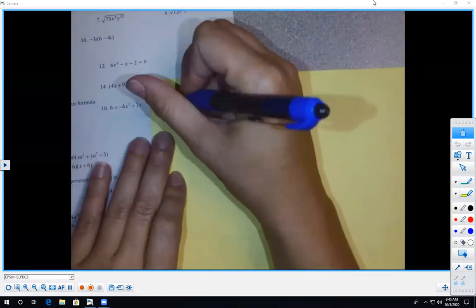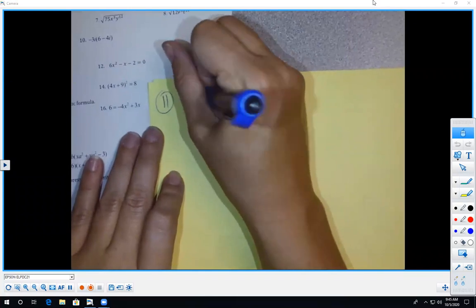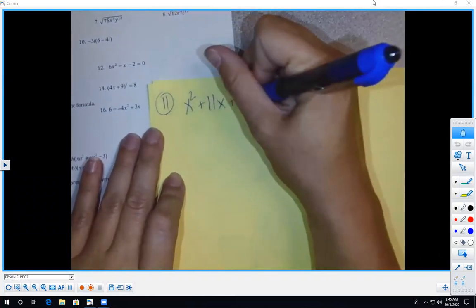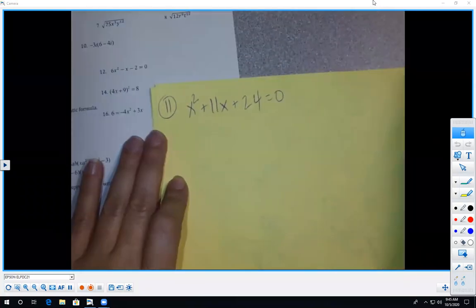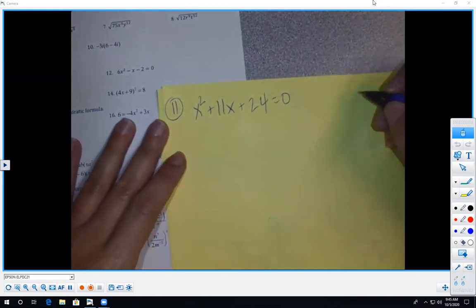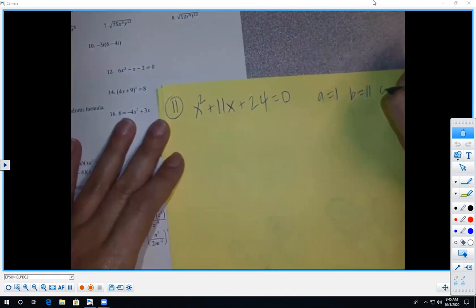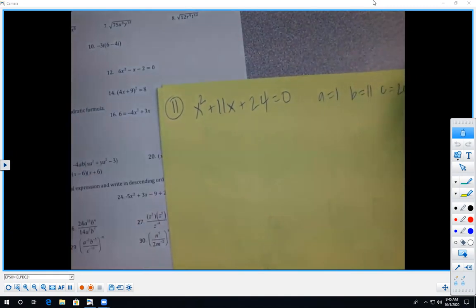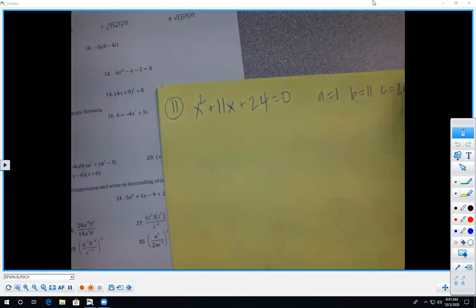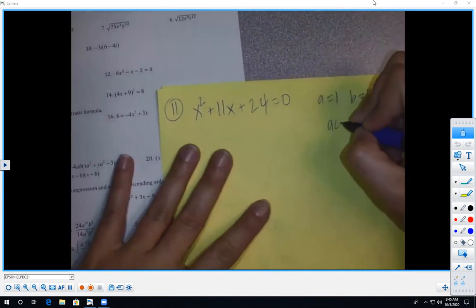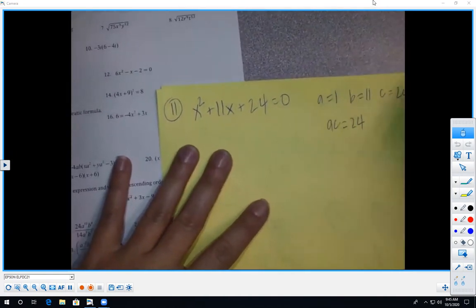Okay, on 11, we're solving by factoring. X squared plus 11x plus 24 equals 0. This is AC method. My A value is 1, B value is 11, C value is 24. I'm going to do A times C. So A times C is 1 times 24, which is 24.